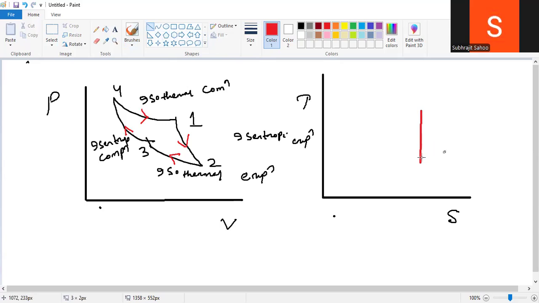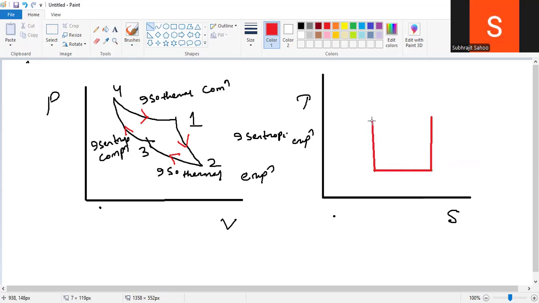Yes. Then isothermal, temperature constant.